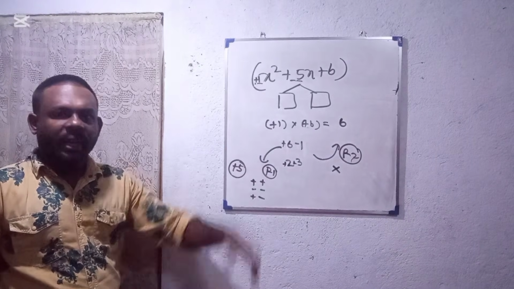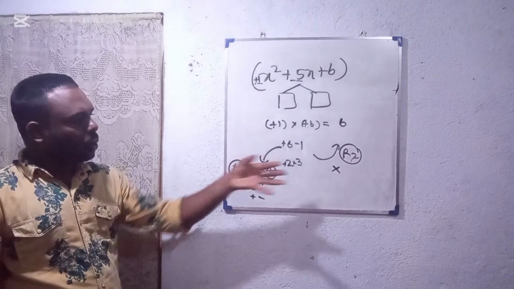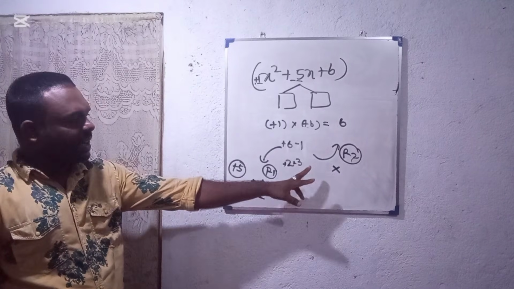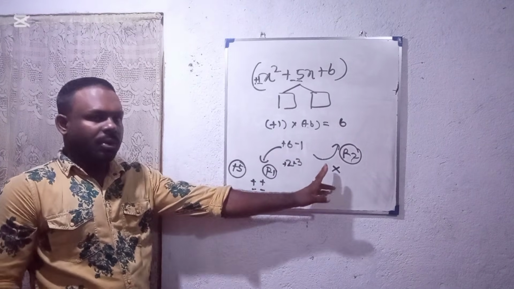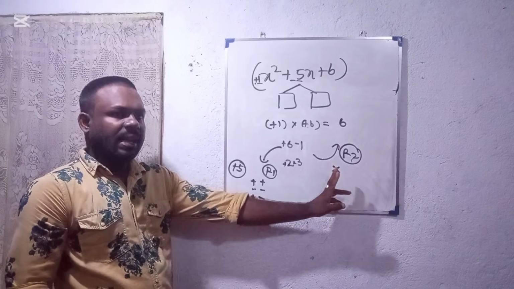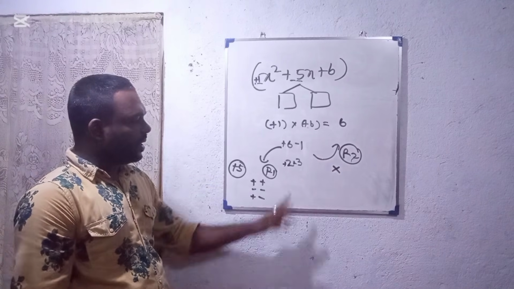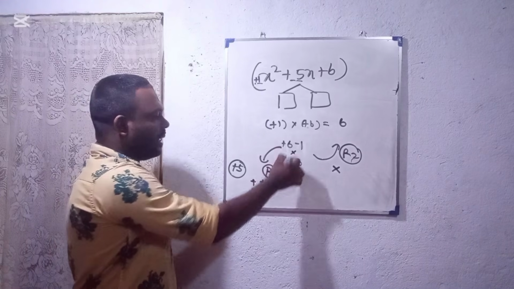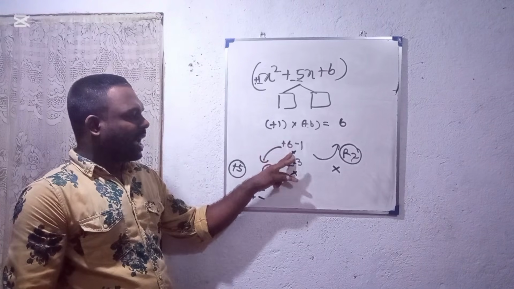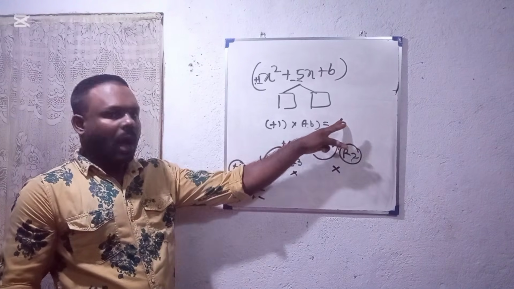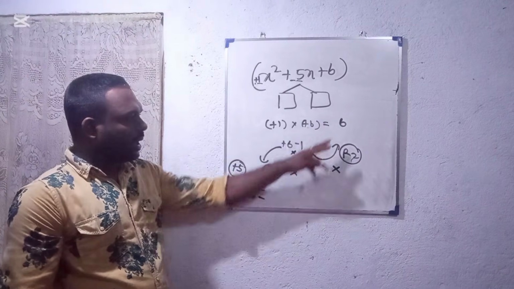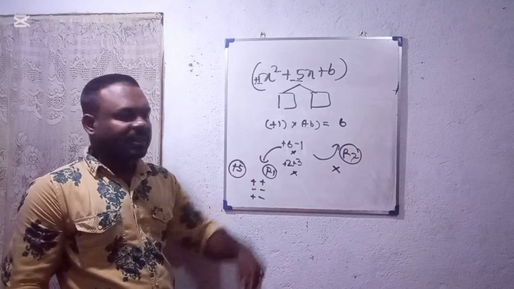Then move to R2. R2 means multiplication of integers. Here we are not going to divide; we consider the multiplication. Now apply the multiplication. Plus 6 times minus 1 gives minus 6, but actually I need plus 6.